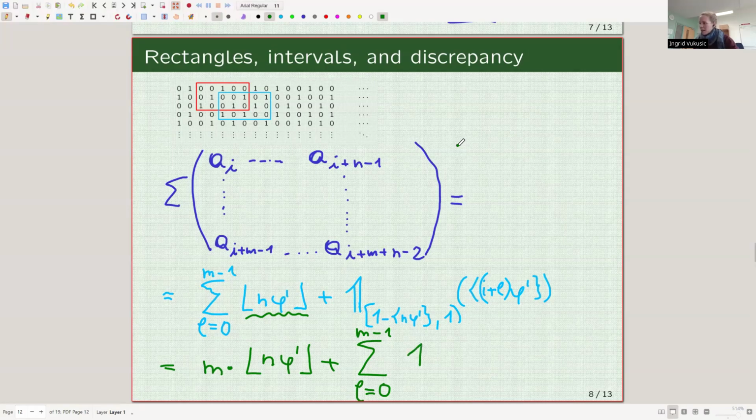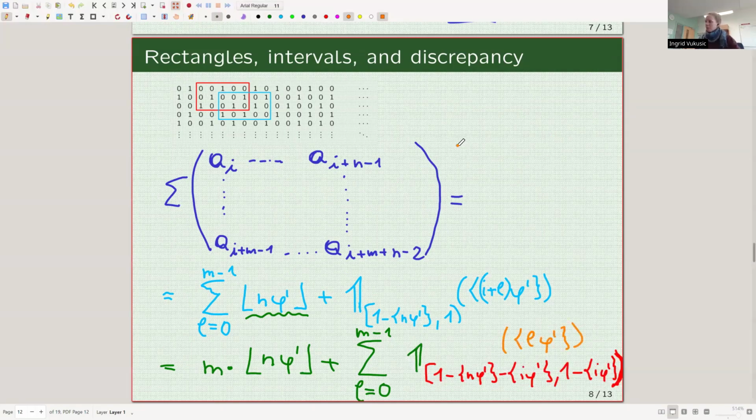So I'm going to write this as, here's the interval, 1 minus n phi prime minus i phi prime, 1 minus i phi prime. And the point is now just l phi prime.